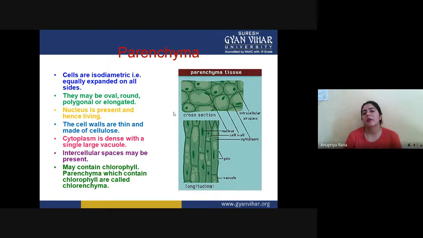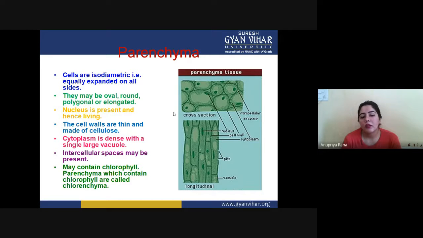So they have a character like the meristematic tissue also: simple thin cells, living cells, and their cell wall is made up of cellulose. Cytoplasm is dense with a single large vacuole, but this character is different from the meristematic tissue.